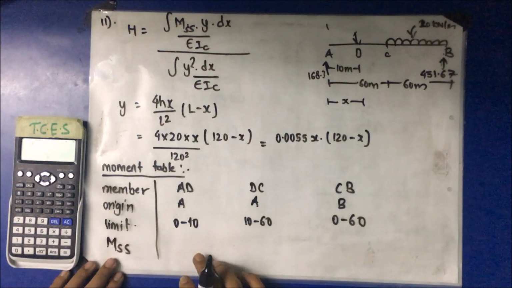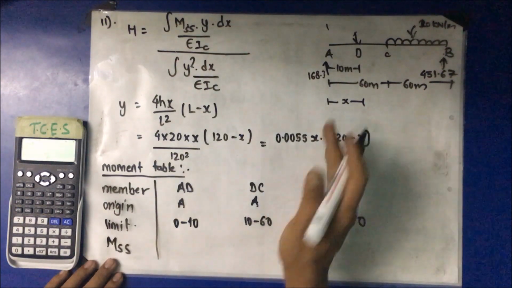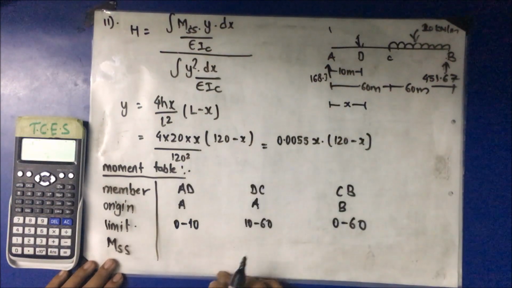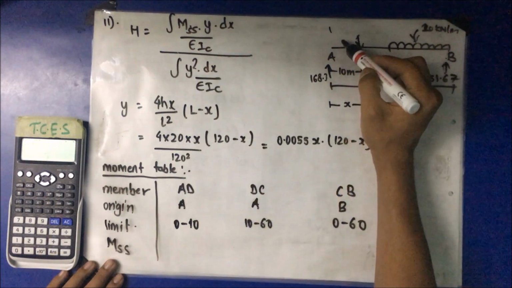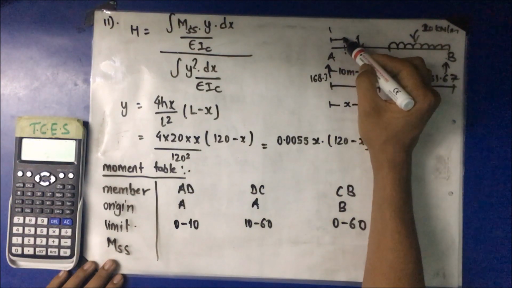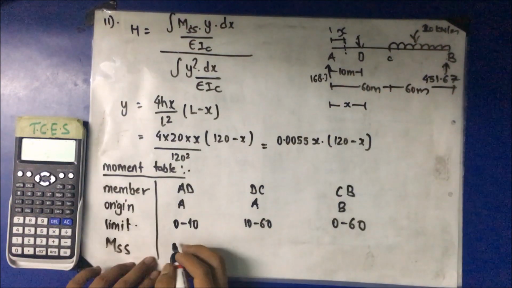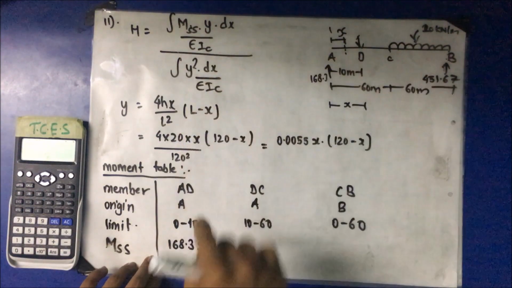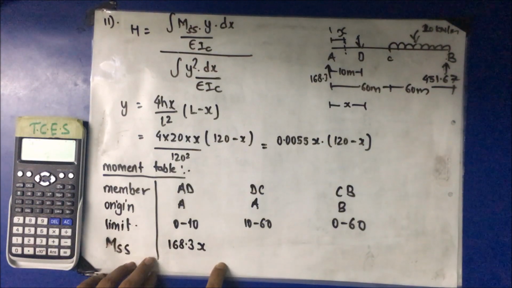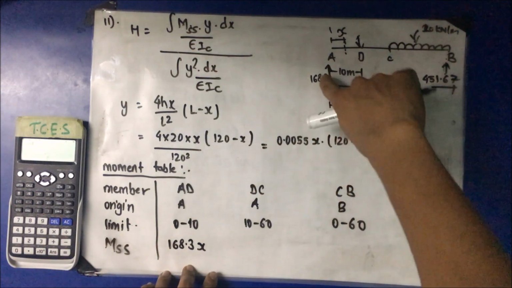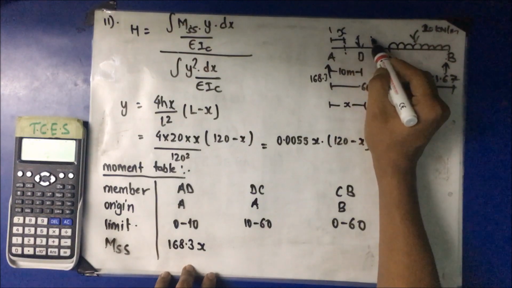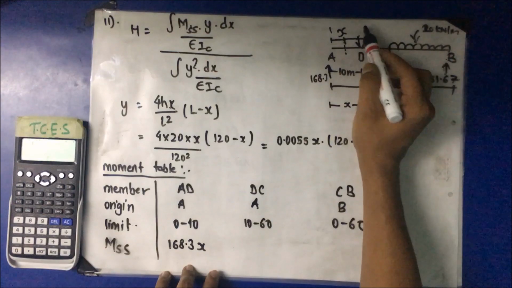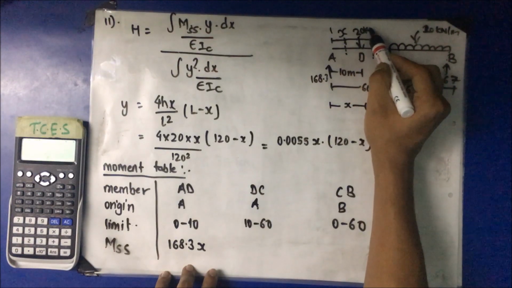Now we have to determine the moment at the member. From A to D, 168.3, that is the reaction at A, will be acting at a distance. If we consider a section of x meters, then 168.3x, clockwise, so positive. Then for DC, the 168.3 acts at a total distance x, and the 20 kilonewton only.